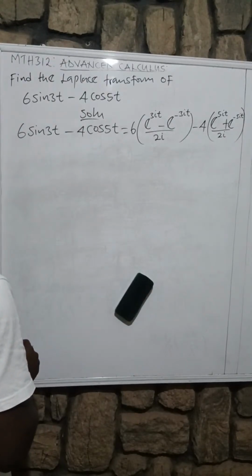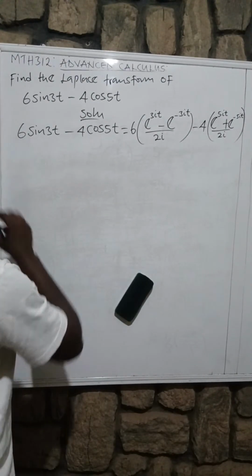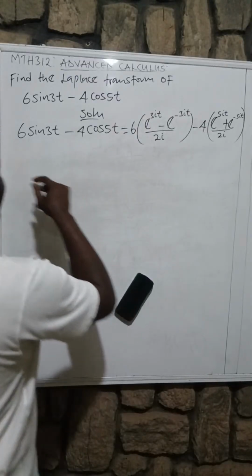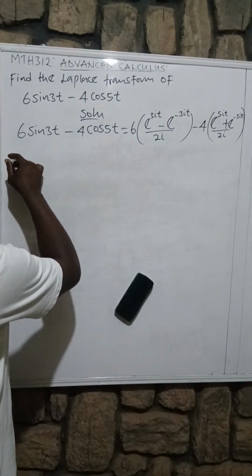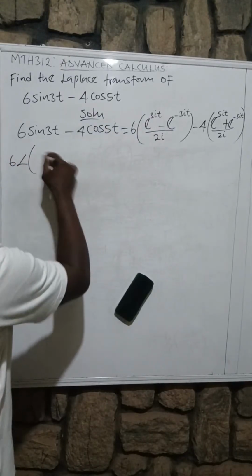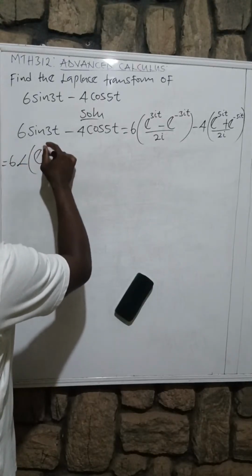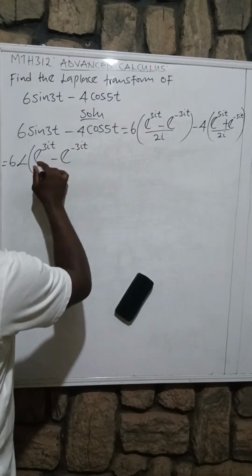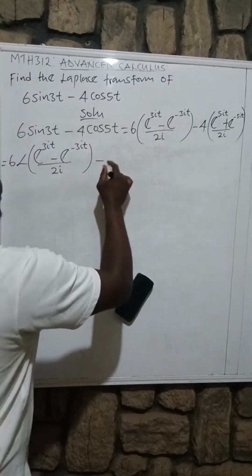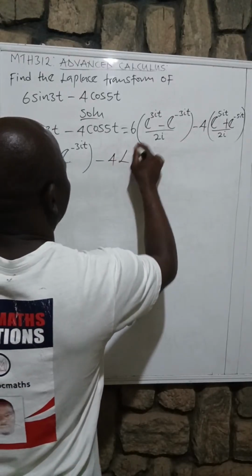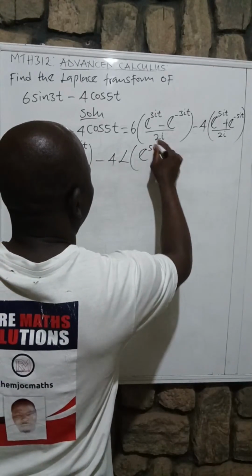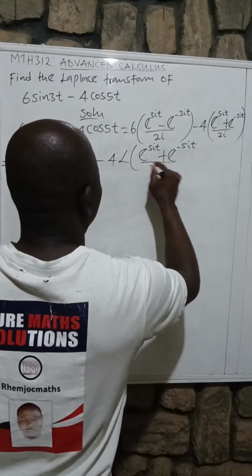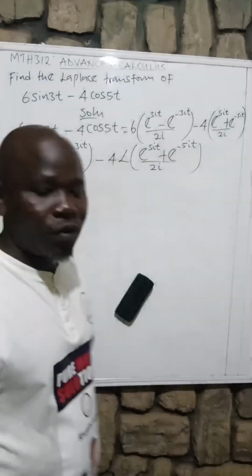So we have to consider one after the other. If we consider one after the other, this is how we are going to have it: 6 Laplace of exponential 3it minus exponential minus 3it all over 2i, then minus 4 Laplace of exponential 5it plus exponential minus 5it all over 2i.